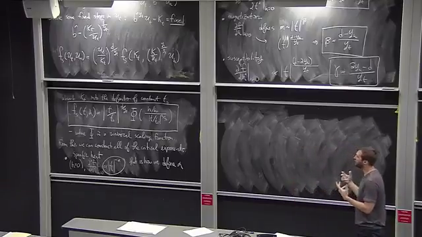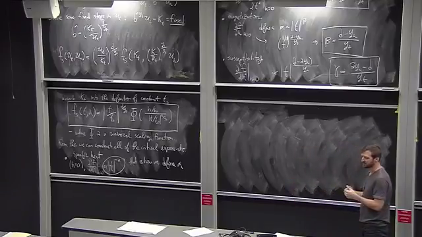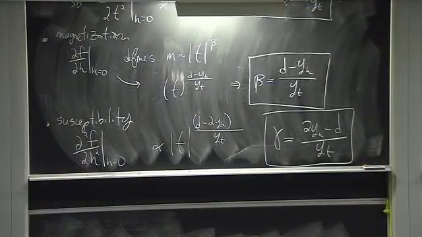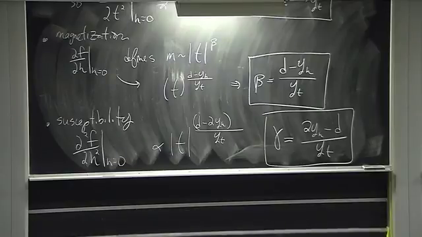Okay, so we have relevant variables. They have scaling dimensions. They give us critical exponents. And you see that the critical exponents are all related to, in this case, just 2 variables. We have 2 relevant variables in this case.